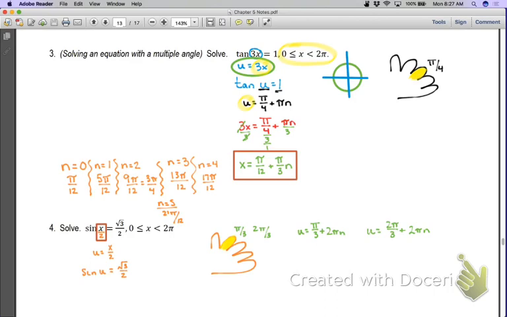Since we have a half angle, I'm just going to have x over 2 equal to it. So if I want to get x by itself, I just have to multiply everything across by 2 and go from there. Okay.